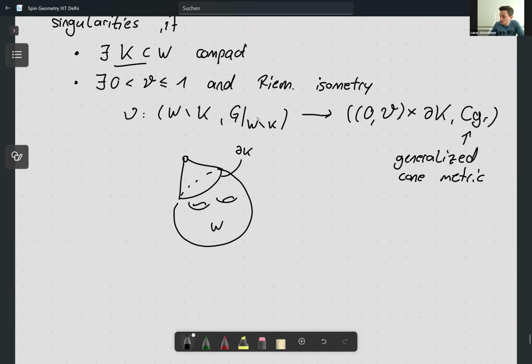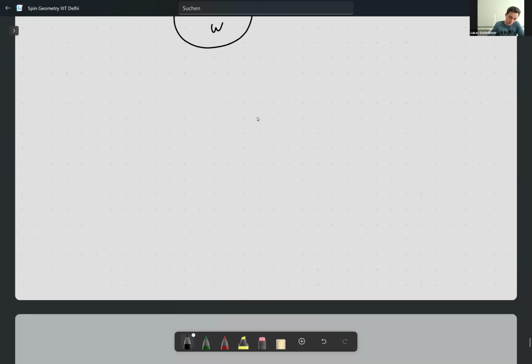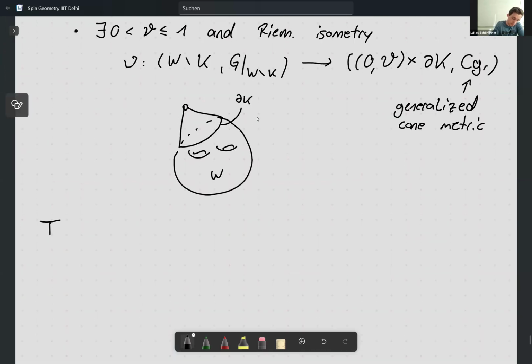And yeah, we have the cylinder. And for these kinds of manifolds, we also have a rigidity theorem. We call it theorem 3. It's in the same paper that I mentioned above.